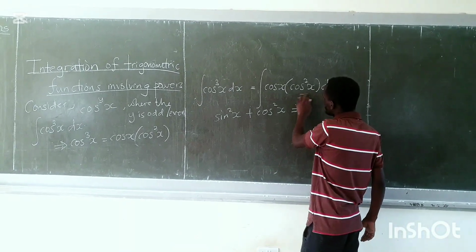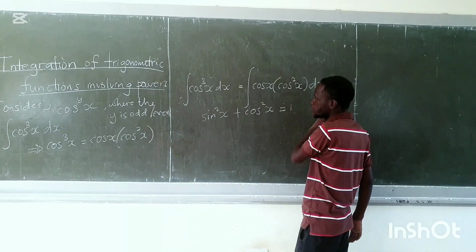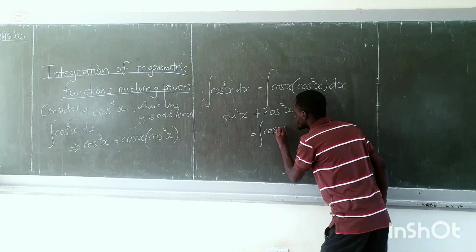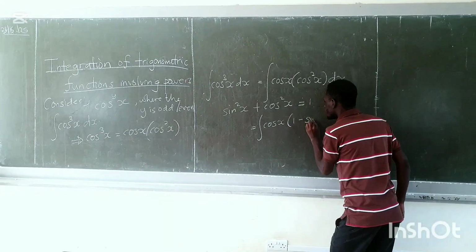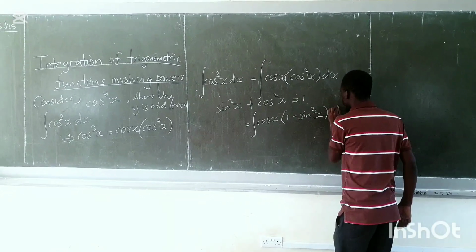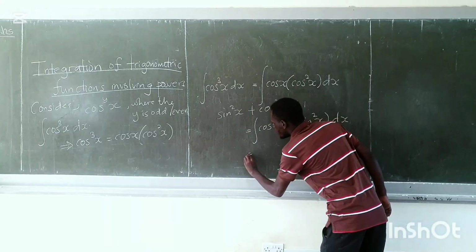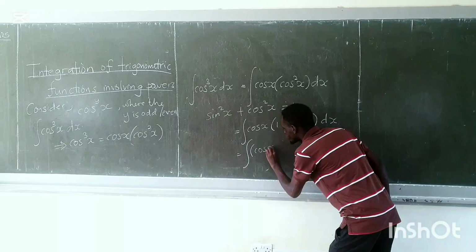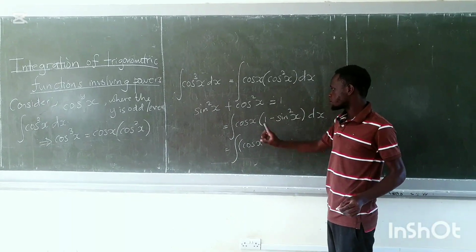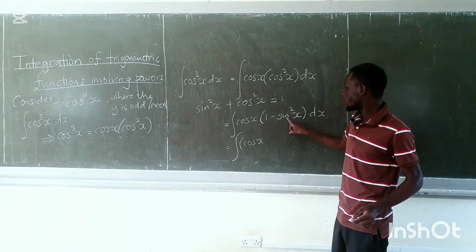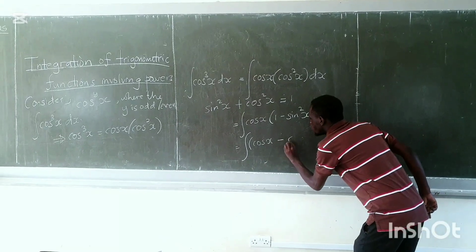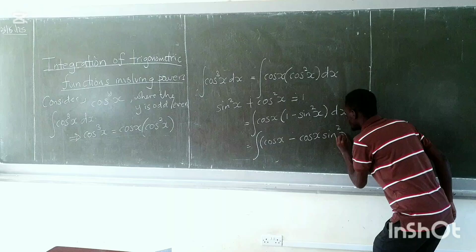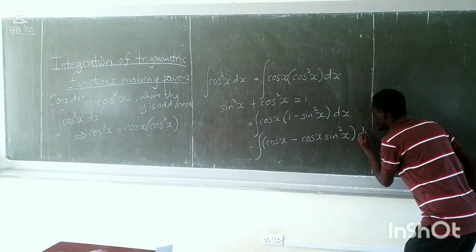If I substitute here 1 minus sin^2 x, I will be having cos x times (1 minus sin^2 x) dx. So, this integral will give me cos x times 1, and cos x times sin^2 x, that is cos x sin^2 x dx.